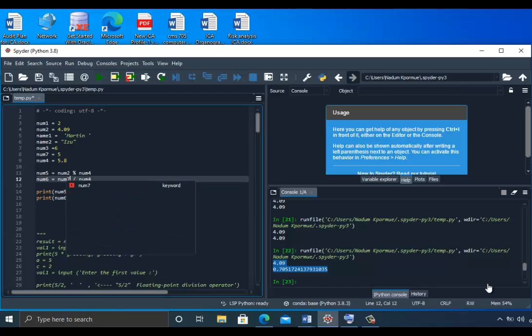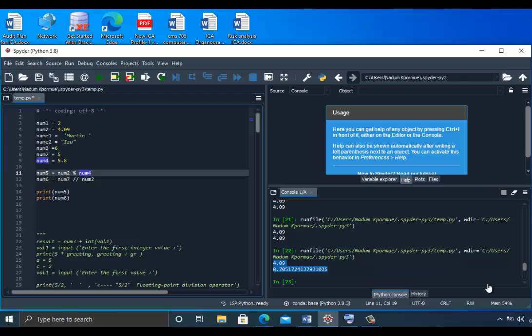This is num7 divided by num2, and we are using the integer division operator, so we are changing it to this. Let's see what we have.